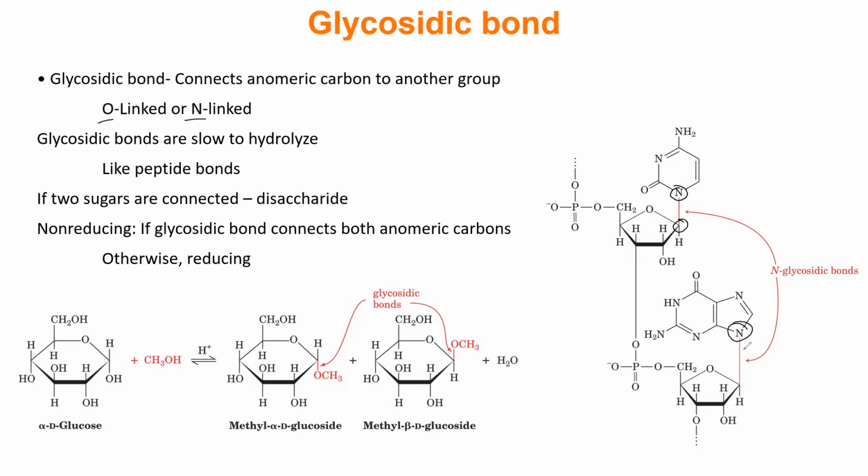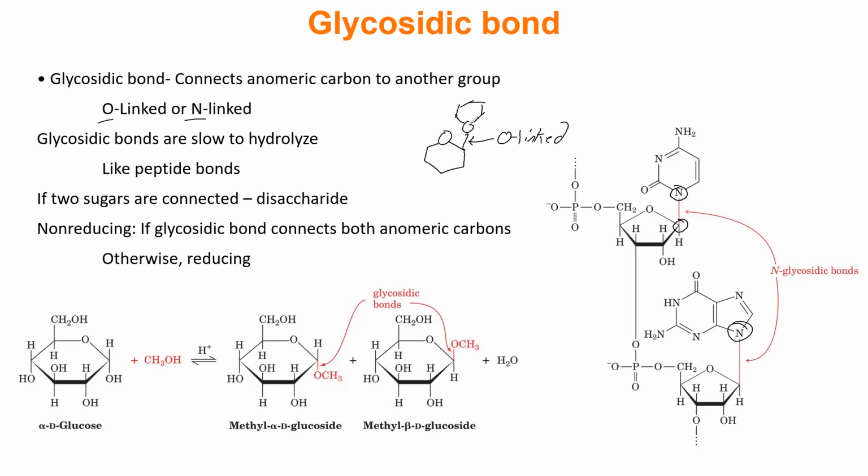So for nucleotides, we're always connected to a nitrogen on our base. So this is called an N-glycosidic bond. However, if we were connected to an oxygen, as I'm drawing here, that would be an O-linked glycosidic bond, because the atom at the end of our glycosidic bond is an oxygen.